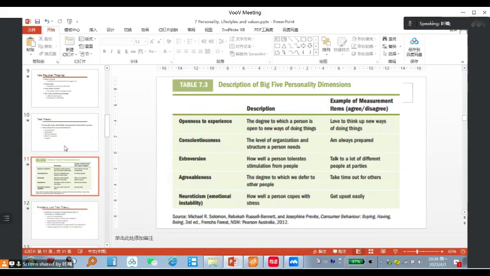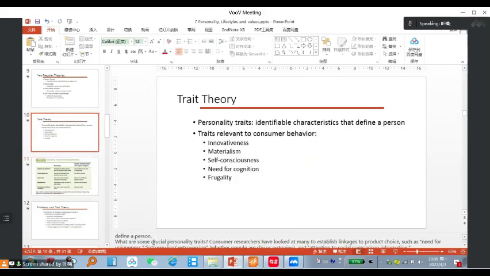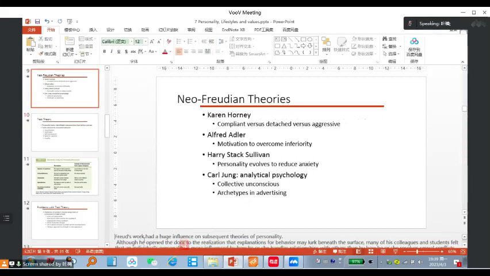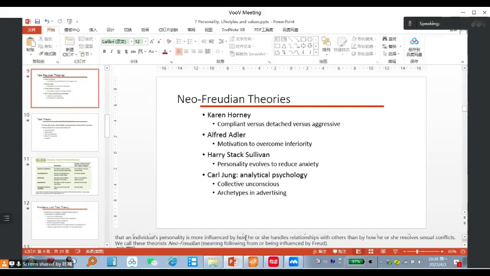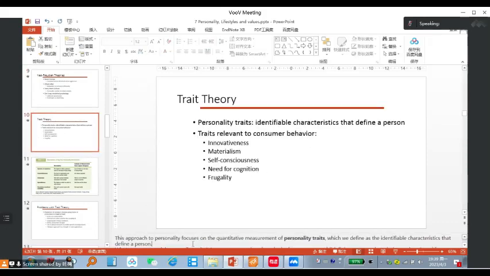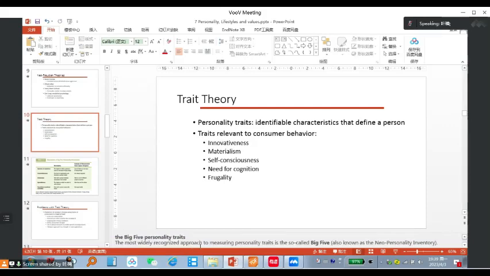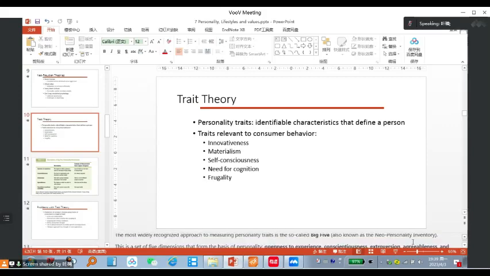And there is the very famous Big Five. The Big Five personality traits are the most widely recognized approach to measuring personality traits, also known as the NEO Personality Inventory.